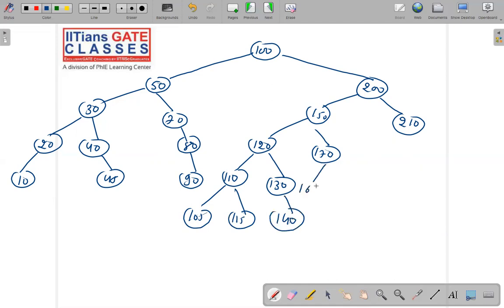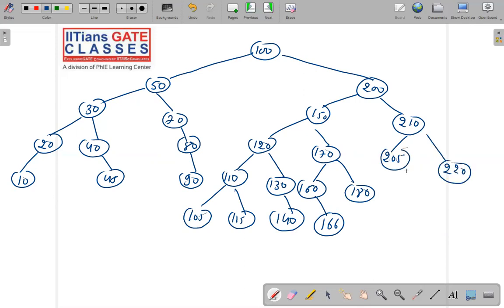Here we have 160, 180, and on the right side of 160 we have 166. Here we have 205, 220, 209 here, 215, 225, and 230. Okay. So this is the tree.